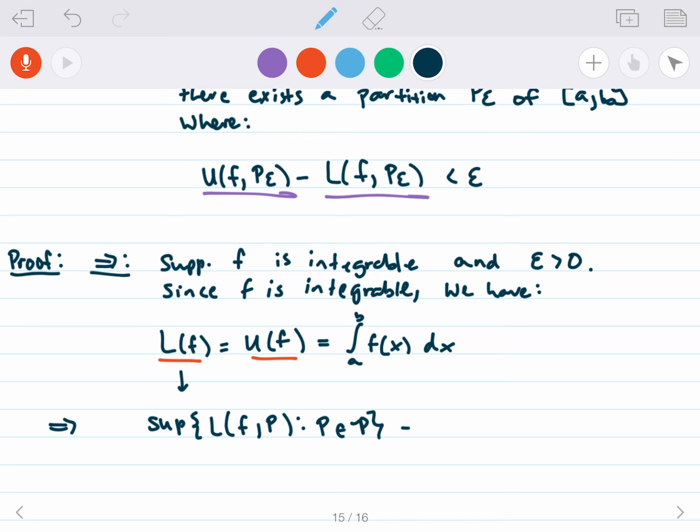And the upper integral is going to equal the infimum of the upper sums over all partitions. Okay, and these two things equal this integral.